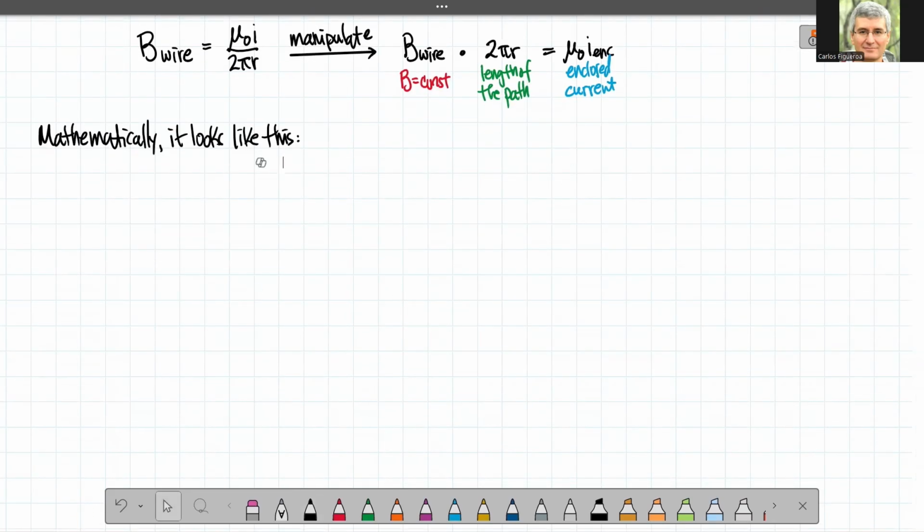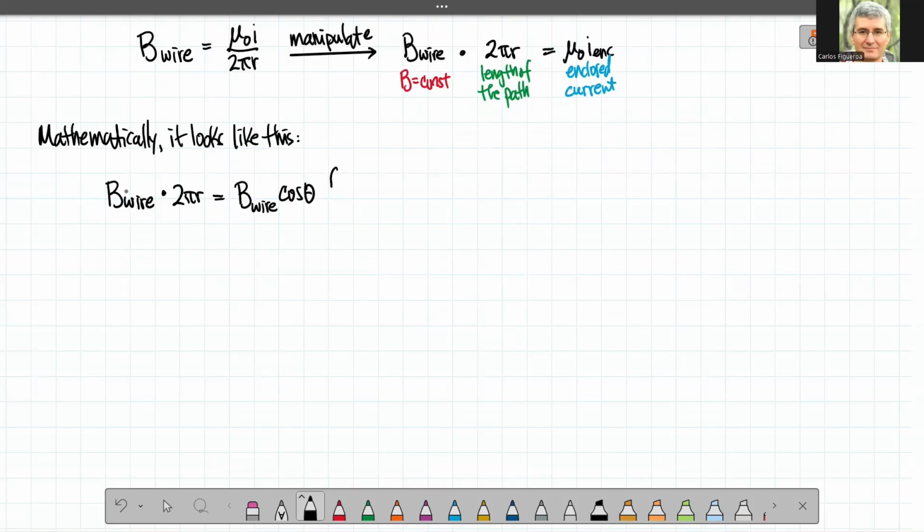So we're going to see here that if I have B of a wire, excuse me, times 2 pi r, what I'm going to need here is that in Gauss's law, there's a dot product. There's also a dot product in Ampere's law. So that dot product tells us that it's B of the wire times cosine of theta.